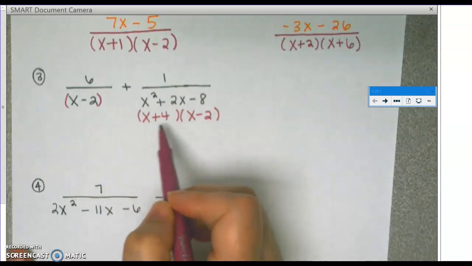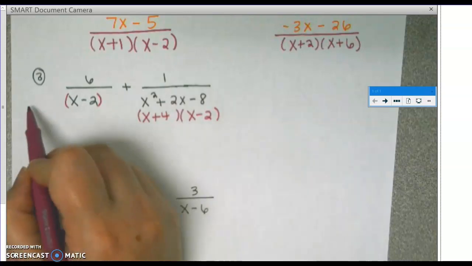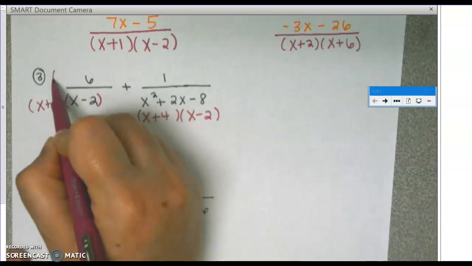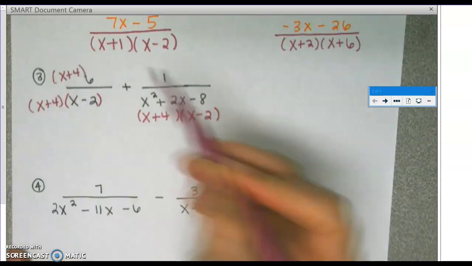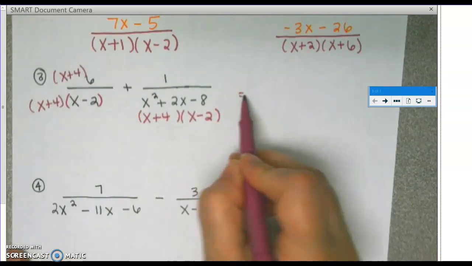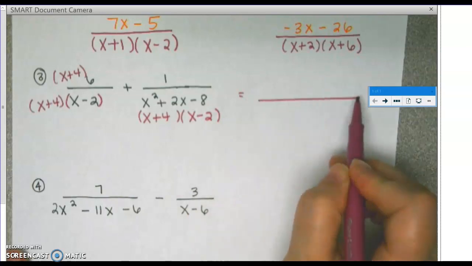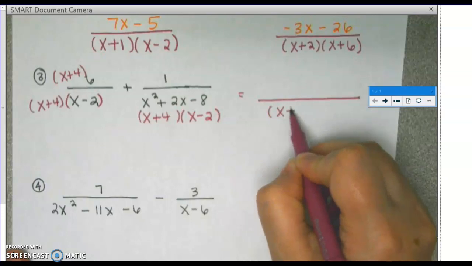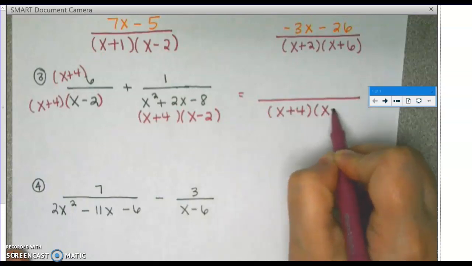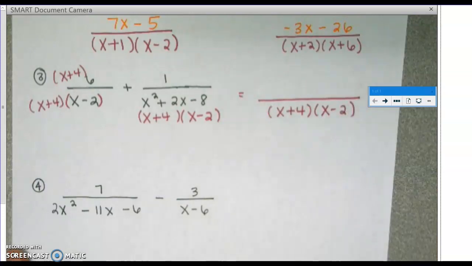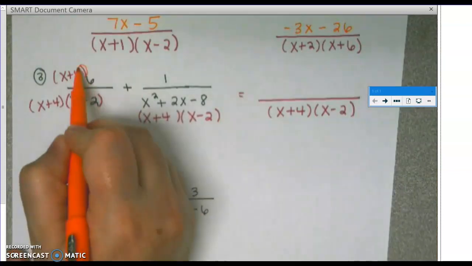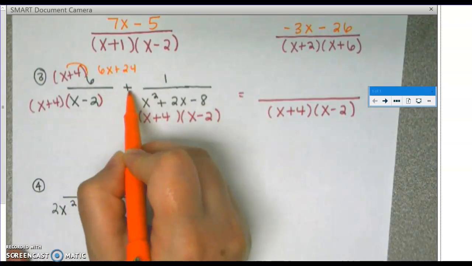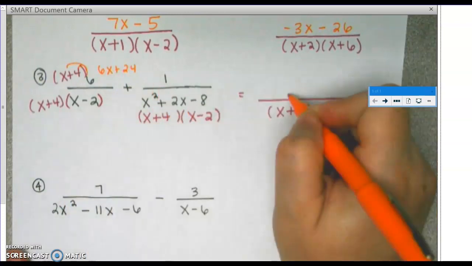What I need to do is multiply this first one by x plus 4. So I can tell both of my denominators are the same because now they both have x plus 4 and x minus 2. And I still just need to work this out. So that would be 6x plus 24 plus the 1.